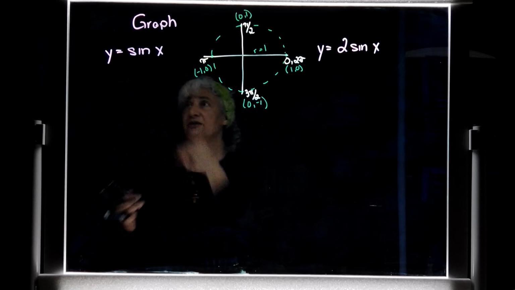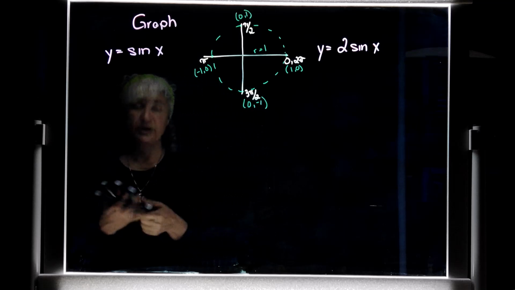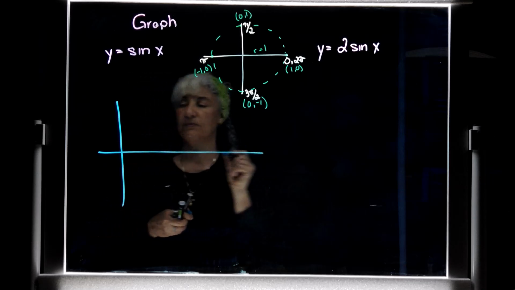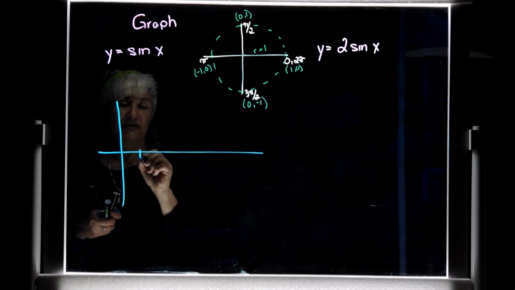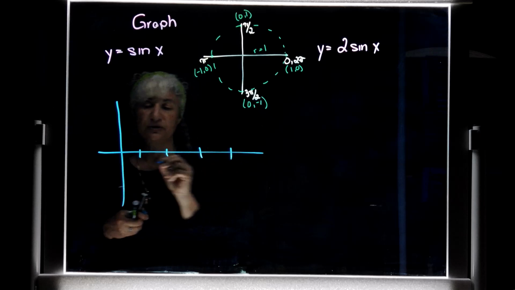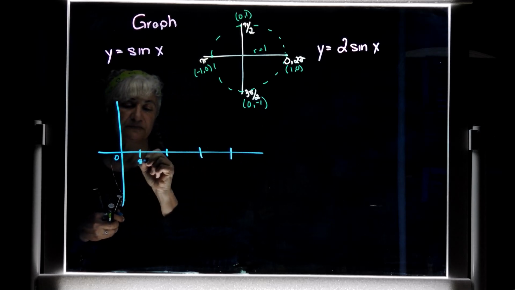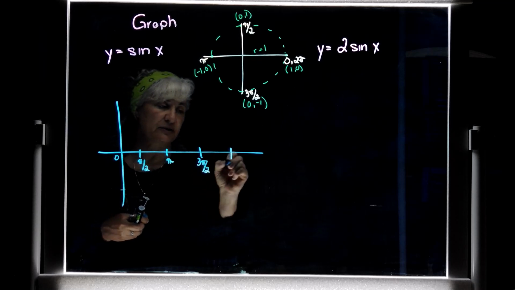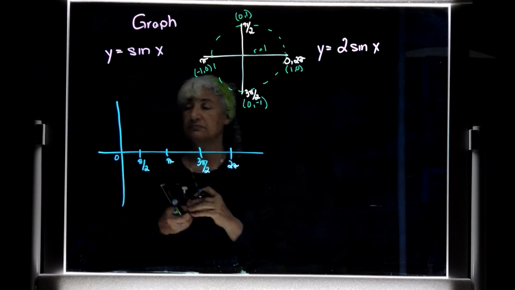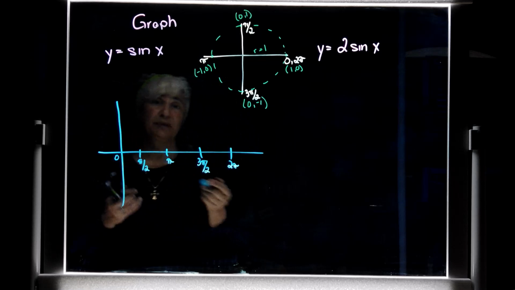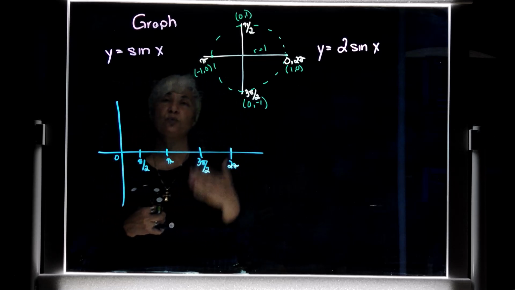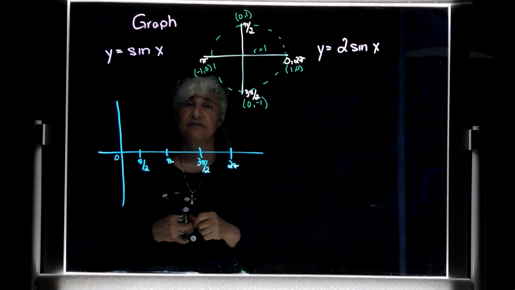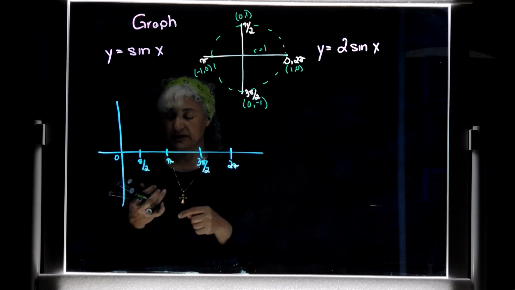So let's look at what the sine of x looks like when we unwrap it based upon the unit circle. We have 4 quadrants, so that means we have 4 intervals. The angles at each of these are the typical angles from the unit circle. Now I am asking myself, what would the sine of 0 be? 0 radians, the sine at 0 radians.